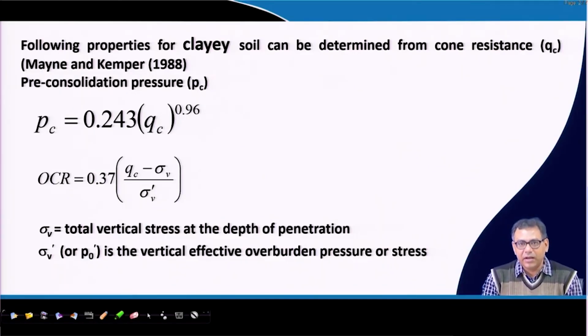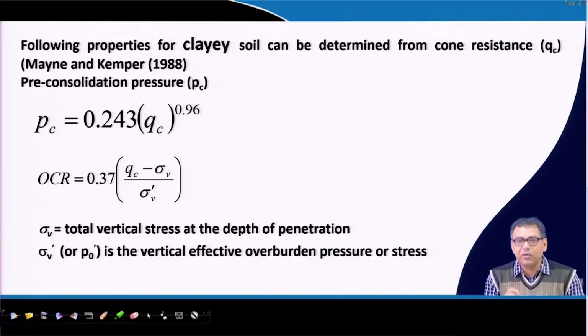If the soil's current stress is less than the stress which the soil has already experienced, then it is called over consolidated soil. So, the pre-consolidation pressure is PC, that means the stress which the soil has already experienced.